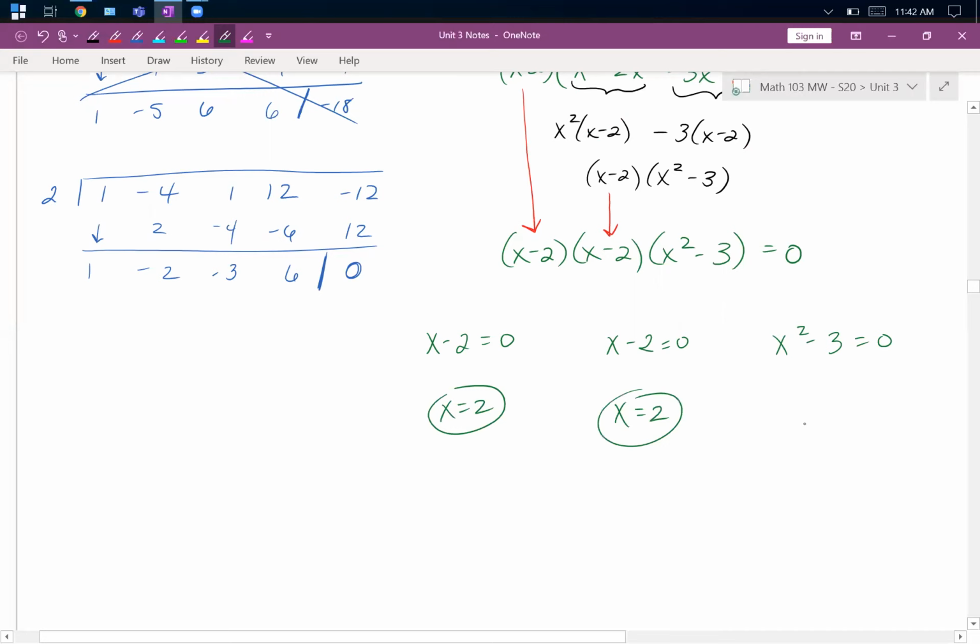And for this quadratic here, which technique would be easiest to solve? Square root property. Definitely. So we'll do x squared equals 3.